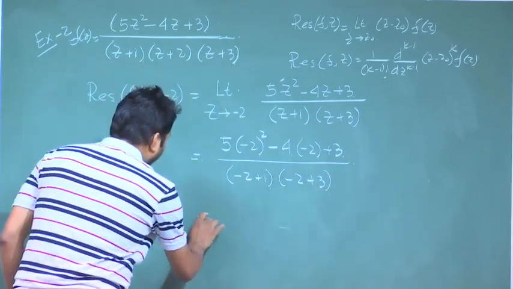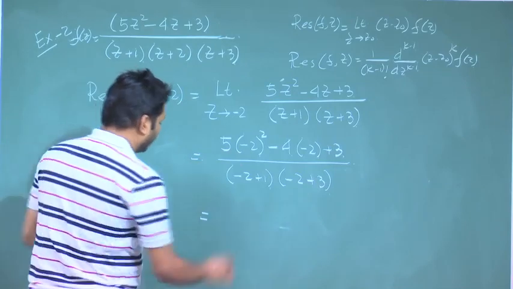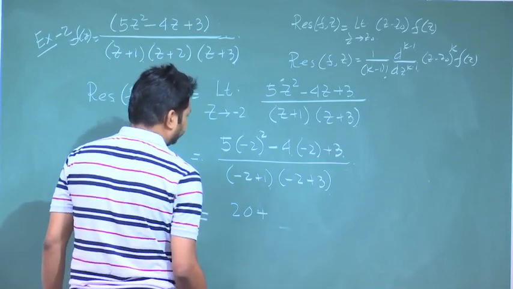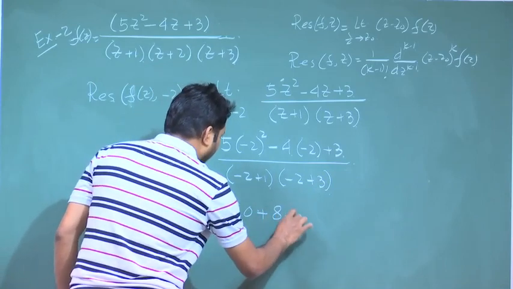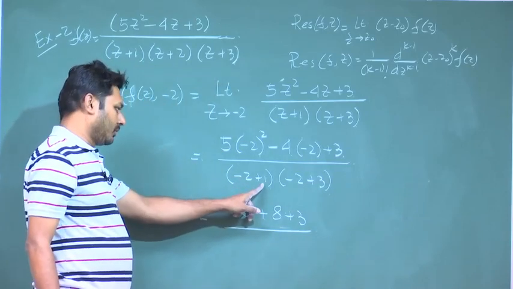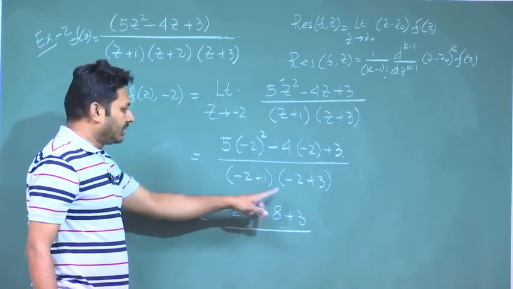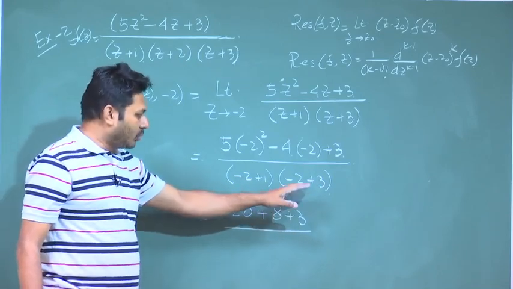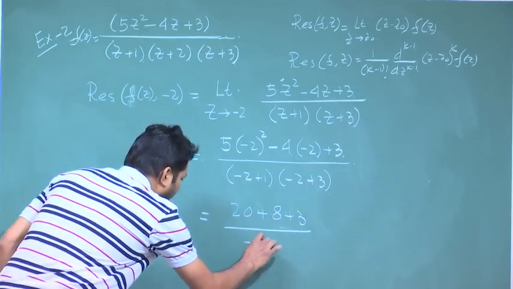So, here I have 5 into 4, so 20, plus 8 plus 3, divided by minus 1 and then 1, so I have minus 1 here.